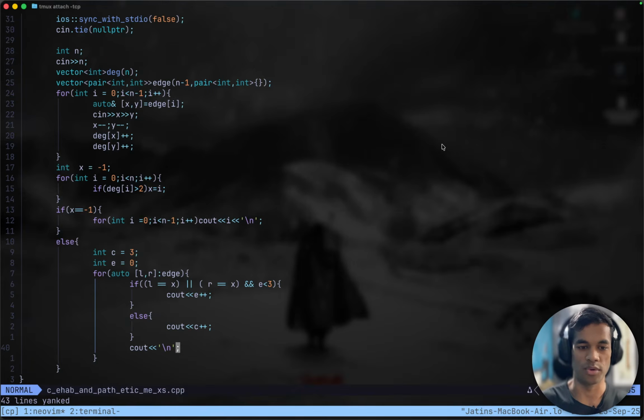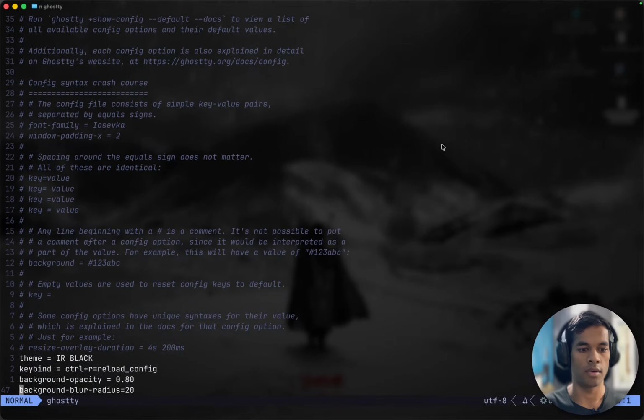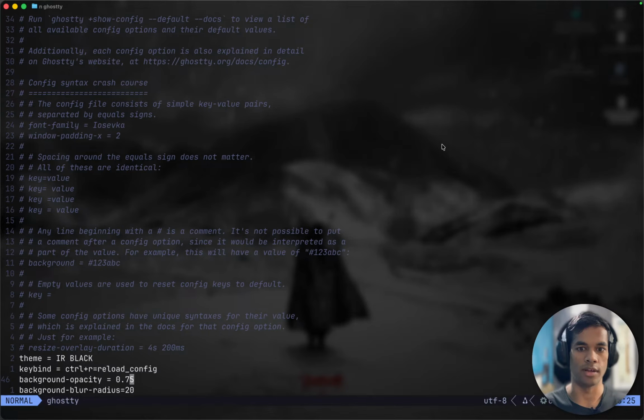Yep, background is blur, and this is Ghosty. And I can show you a little thing. I have a configuration folder. I can configure my Ghosty to, let's say, change the background light to 75, and see, now it is a bit lighter.